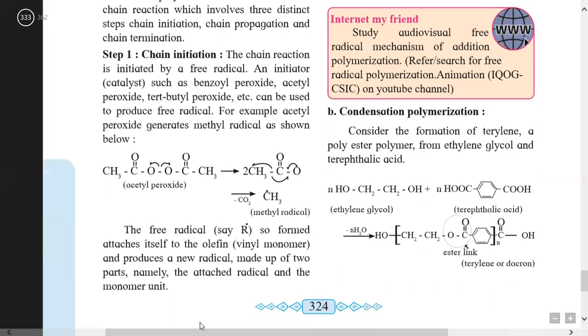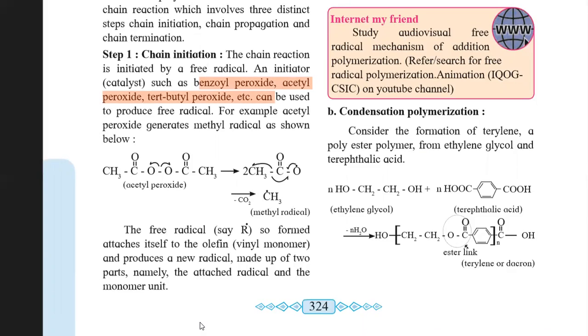In chain initiation, a molecule breaks a bond by homolytic fission, one electron goes to each part, and a free radical is formed. For example, benzoyl peroxide, acetyl peroxide, tertiary butyl peroxide.